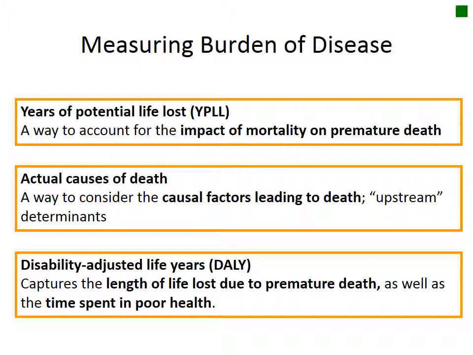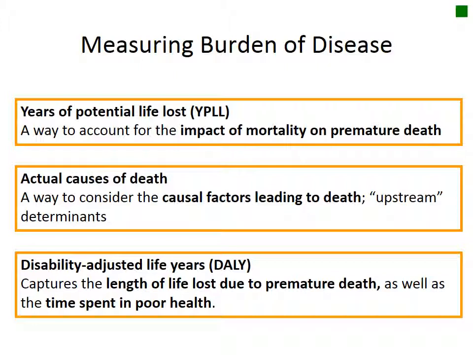And so there's a way to consider what is the leading cause of death, and by noting these, we will be able to understand some of what we call upstream determinants. Basically, we would be able to tease out some of the risk factors causing some of these diseases.